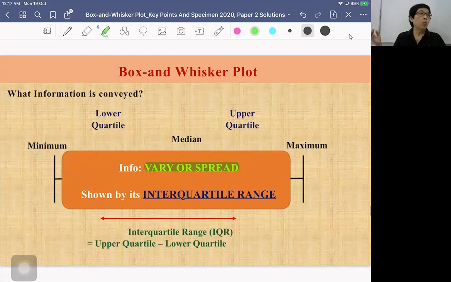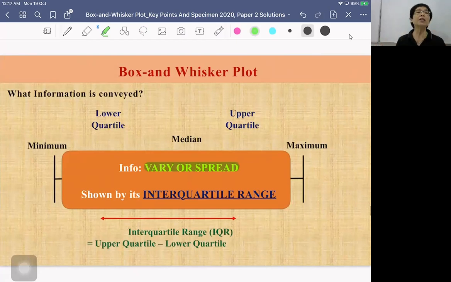So how big was the wealth gap? That's where we talk about how wide the spread is. Or we also use the word variation. How much the data in the sample that we are studying varies.